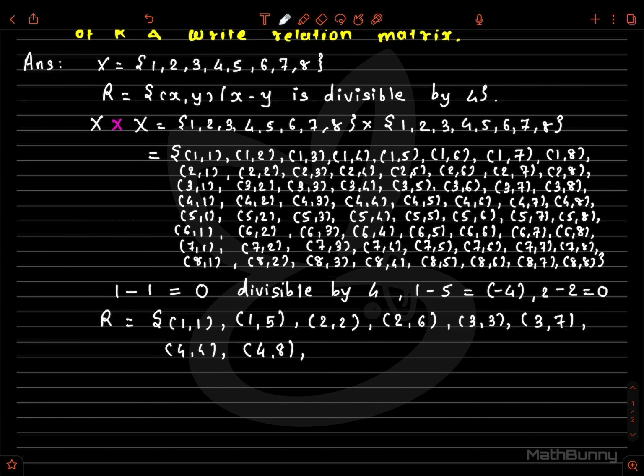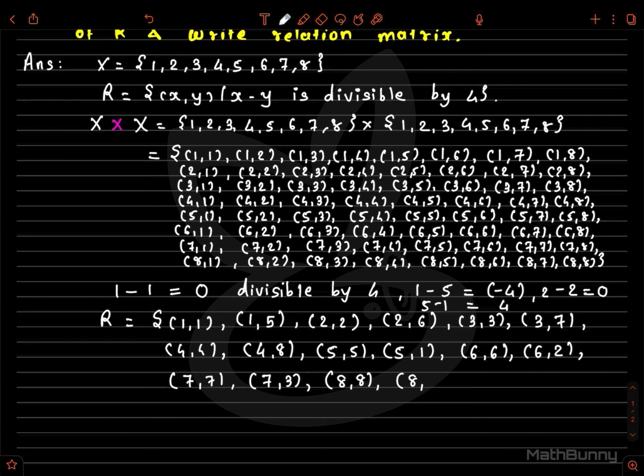The next elements will be (5,5) and (5,1), because 5 minus 5 is again 0 and 5 minus 1 is 4, and 4 is divisible by 4. So I have written (5,5) and (5,1). Next two elements would be (6,6) and (6,2). Similarly, (7,7) and (7,3), (8,8) and (8,4).